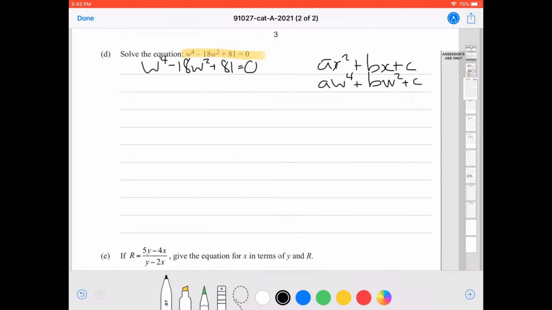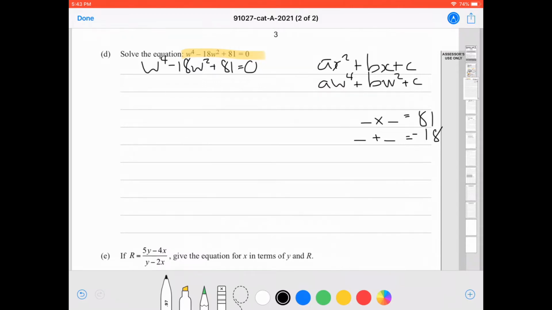Basically what I'm getting at is that our principles for factorizing remain the same. So we're going to look for two numbers that multiply to 81 and add to minus 18. And those two numbers are minus 9 and minus 9.